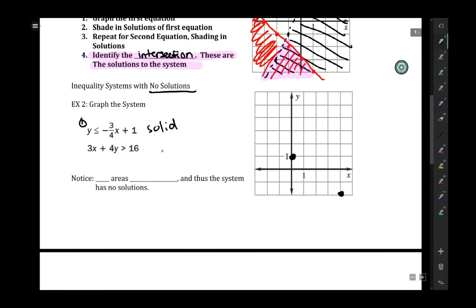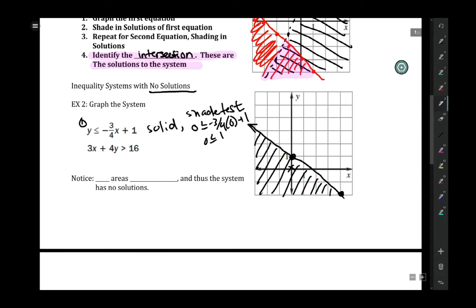Okay, we'll just connect both of those best we can. Where to shade? Do them all one at a time. What about the shading test? So do the shade test. Is 0 less than or equal to negative 3/4 times 0 plus 1? It is, so we will shade down.